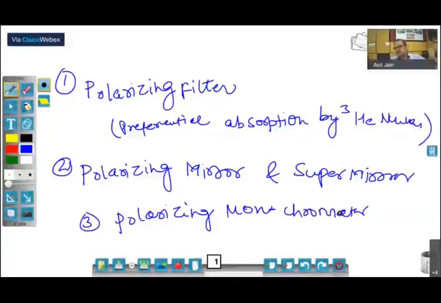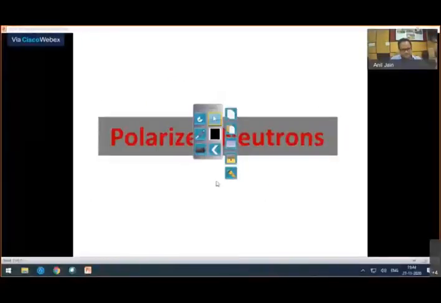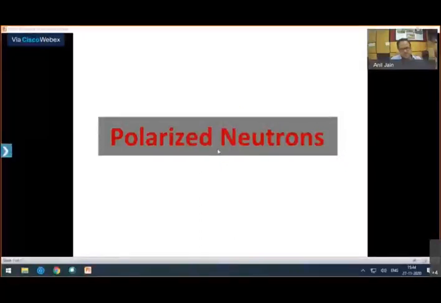Now, let's quickly understand what we measure in a polarized neutron scattering experiment. What we have at Dhruva is the polarized neutron spectrometer.